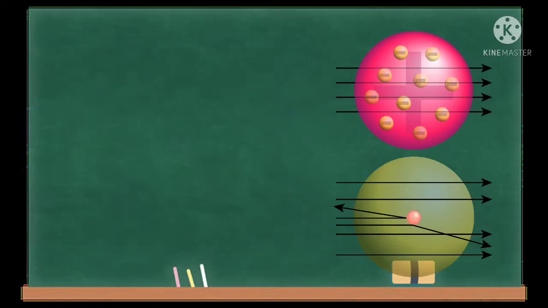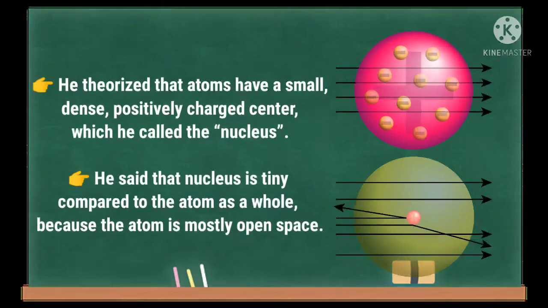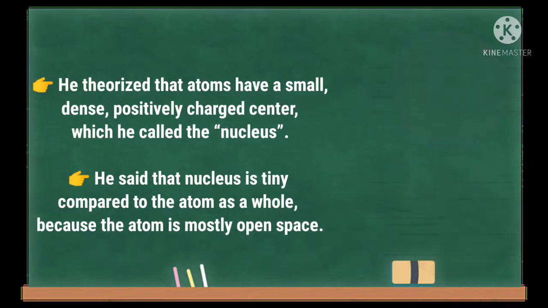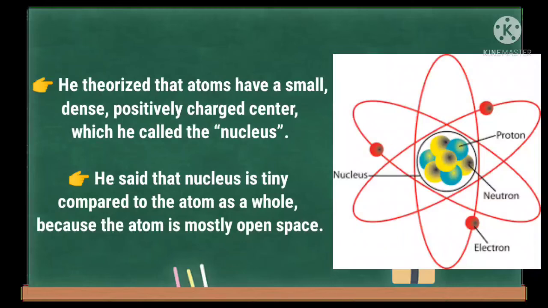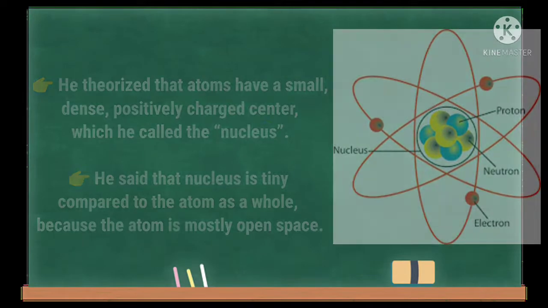He theorized that atoms have a small, dense, positively charged center, which he called the nucleus. He said that the nucleus is tiny compared to the atom as a whole, because the atom is mostly open space.